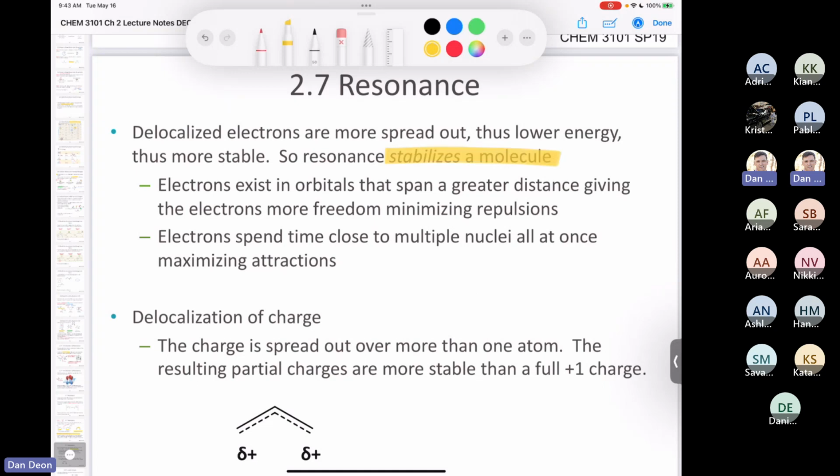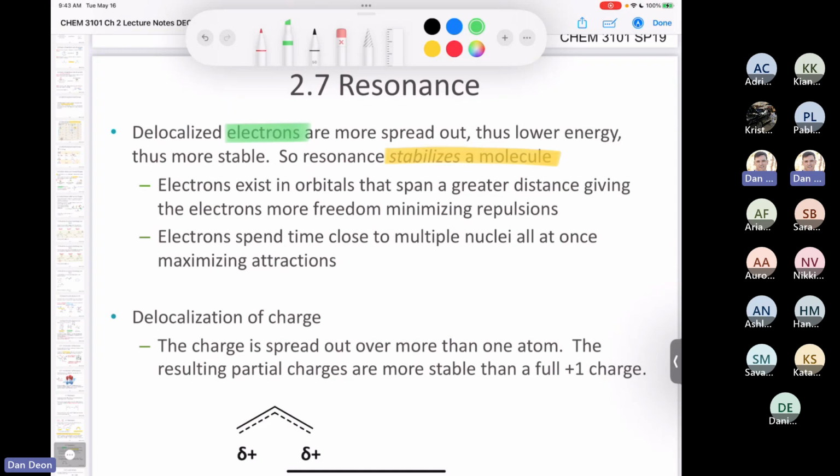My good friend Dr. Diaz likes to say electrons are like hyperactive children. If you give them room to move, they're going to do it. Electrons love to move. And so when you give them space to spread out over 3 atom centers instead of 2, that stabilizes the molecule, or stabilizes the ion.